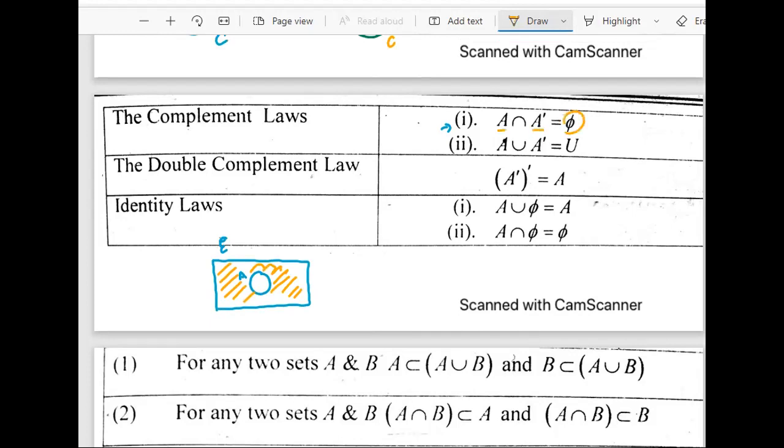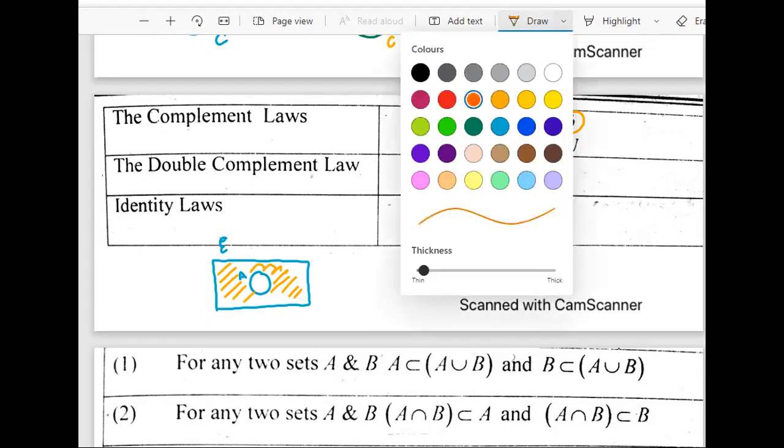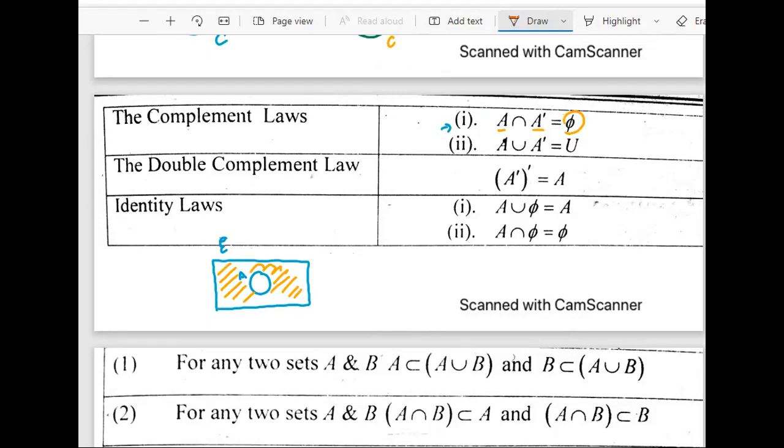There's no intersection, nothing is in common. The orange part is A, and the yellow part is A complement, and I don't see orange and yellow together, right? This means that the intersection would be an empty set, and we denote it using this symbol, the symbol of the null set, empty set, whatever you call it. Is this understood?